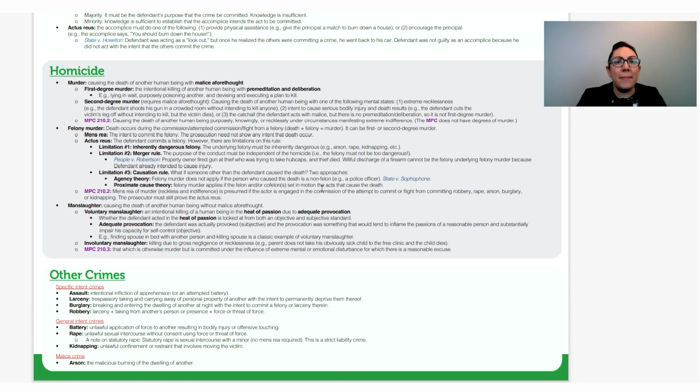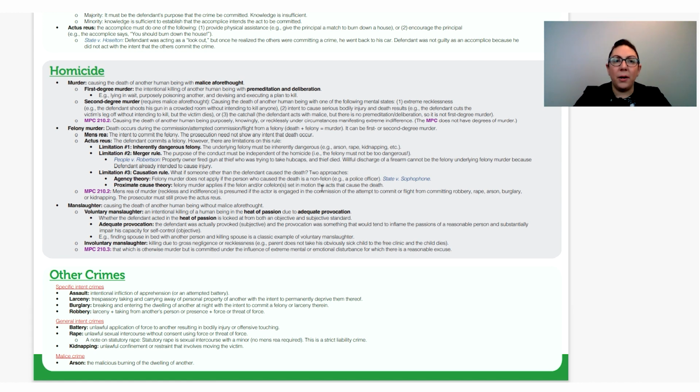Now, these are common law designations. Under the Model Penal Code, the Model Penal Code recognizes murder and manslaughter, but doesn't really break it down into degrees or types of manslaughter. But commonly, homicide is broken down under the common law into degrees and then voluntary and involuntary for manslaughter.